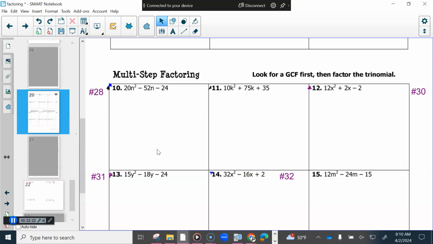Leaving 3x minus 1. And then what would our GCF of the last part be? 1. Positive 1. That's supposed to be it. Okay. So we have 2x plus 1 and 3x minus 1 as our factors.